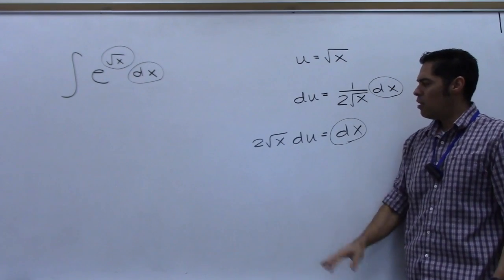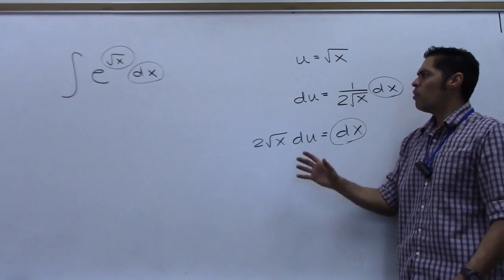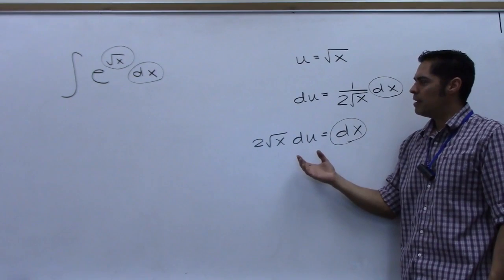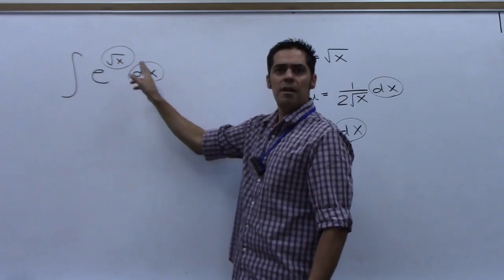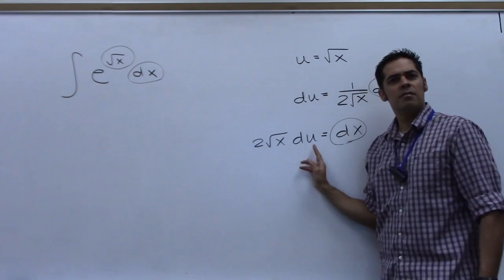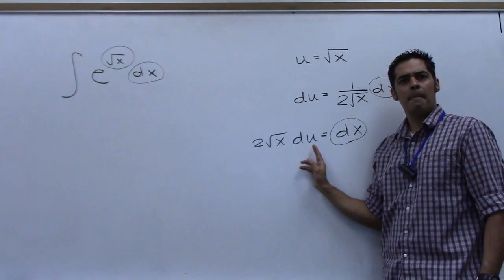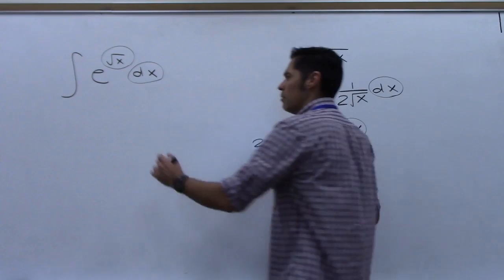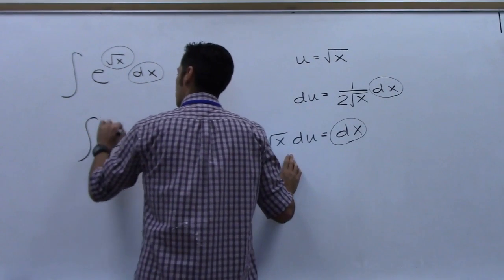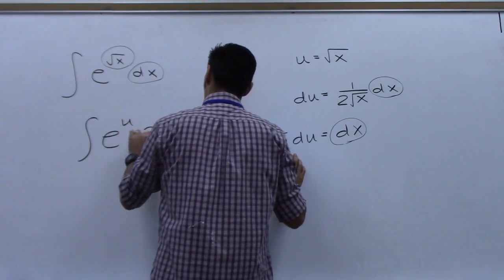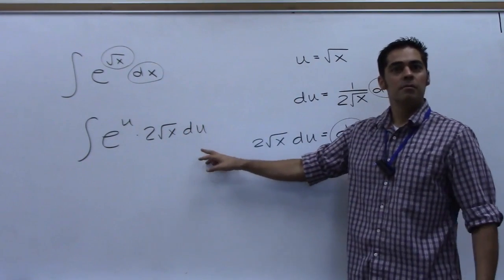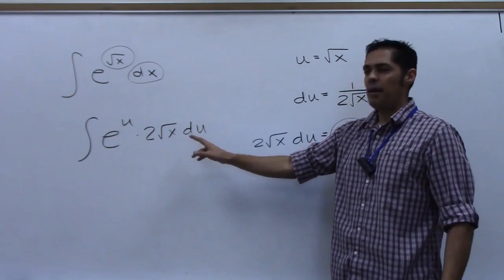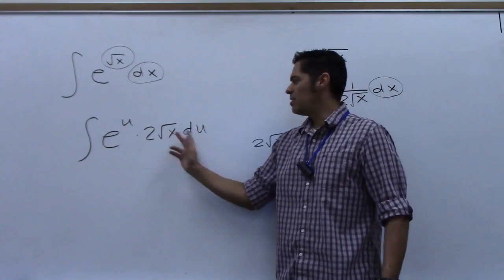Jared, what do you think is wrong with that? I mean, not wrong, but what sort of trouble do you think I'm going to get in if I replace this root with u and the dx with this? Do you see what the problem is there, Jared? I'll write it out for you real quick. I'm going to have two variables in here, right? I'm going to have x and du mixed together.